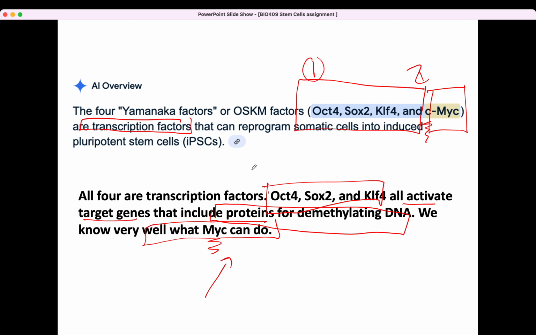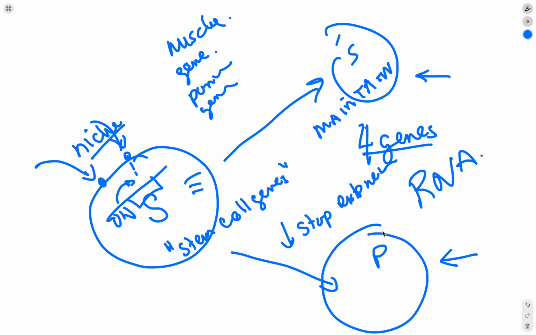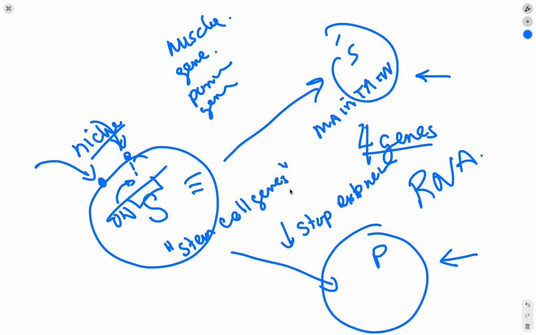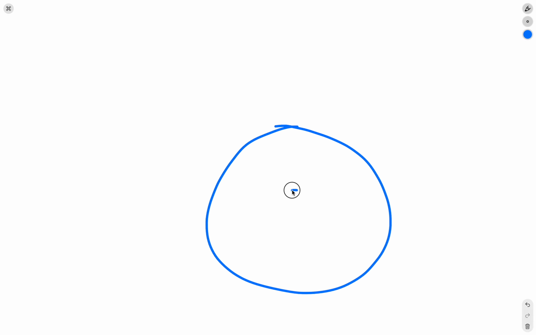Now we just want to draw a picture for our final drawing and show what the scientists did to get it started. So let's make a drawing. The stem cell has genomic equivalence.